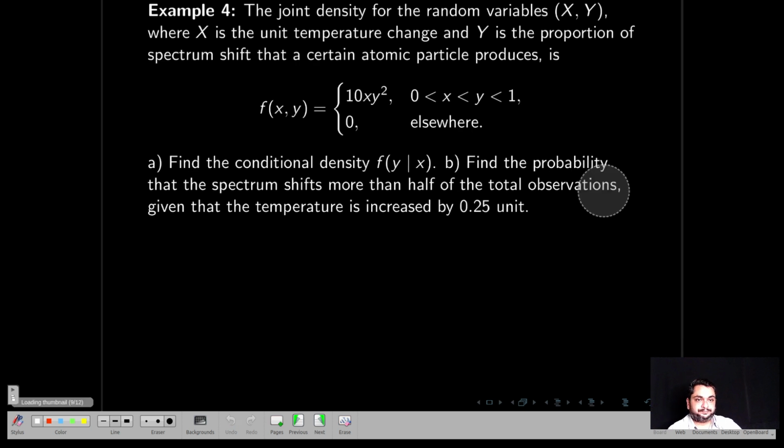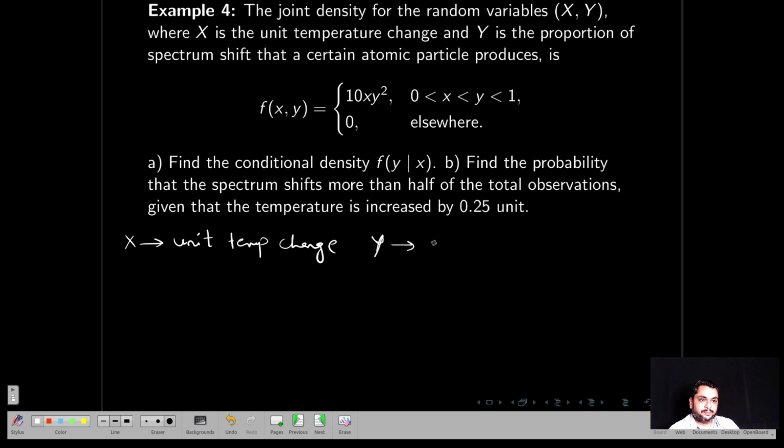Next. The joint density of random variables x comma y, where x is a unit temperature change. Unit means 1. X represents unit temperature change, and capital Y, the random variable, represents the proportion of spectrum shift of a certain atomic particle.